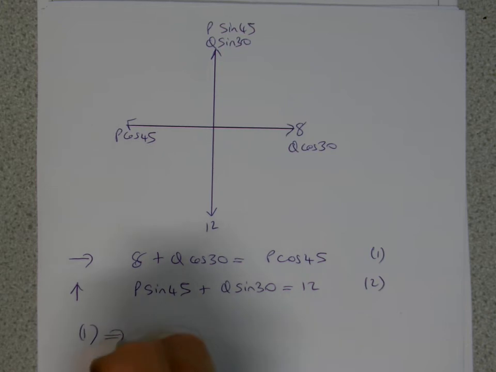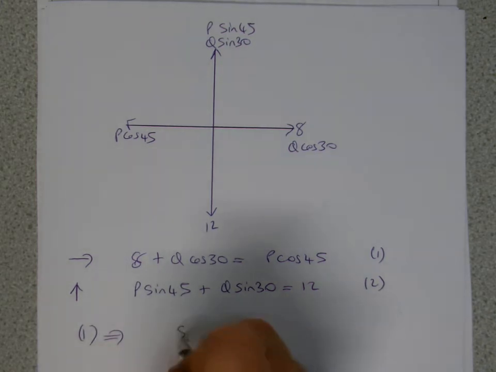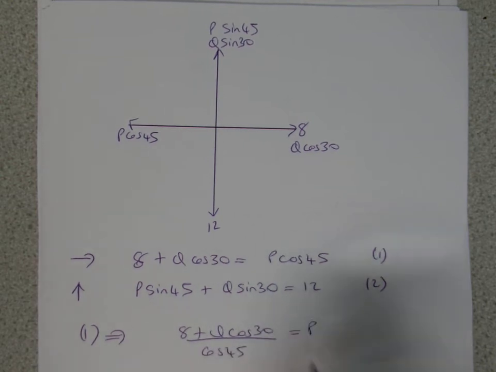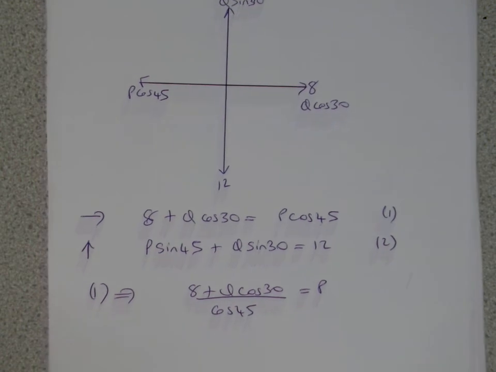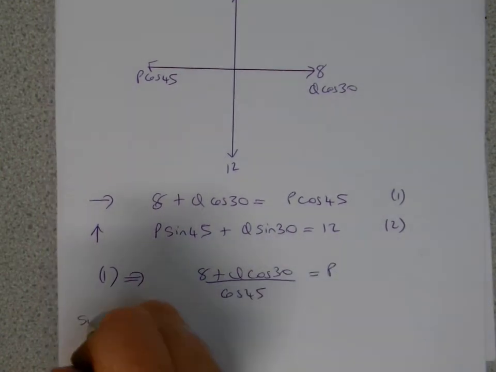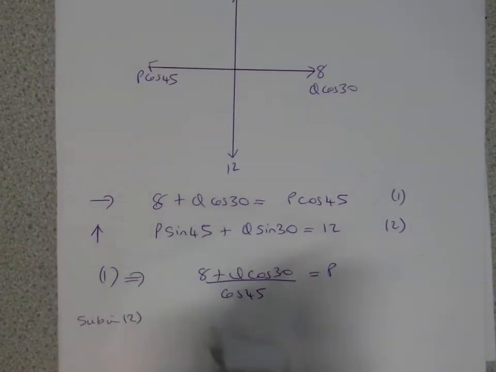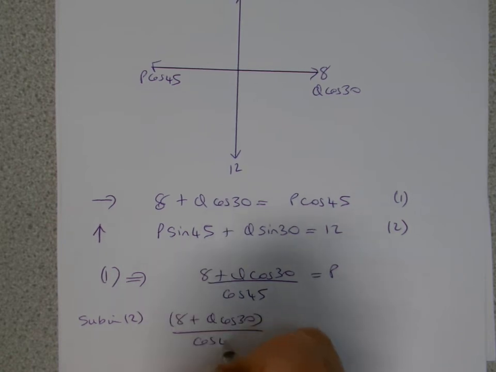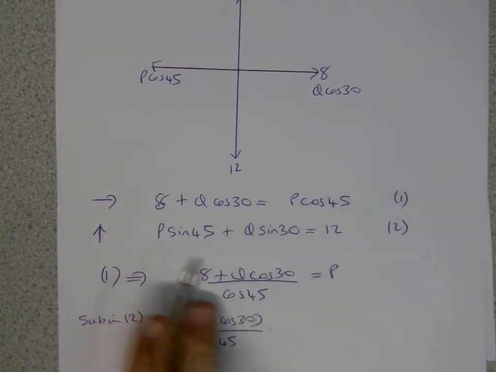So 1 becomes 8 plus Q cos 30 divided by cos 45 will equal P. That's what I could do there, and then I'll sub this into 2. What's good about this is P is just all this here. So that'll be 8 plus Q cos 30 over cos 45.